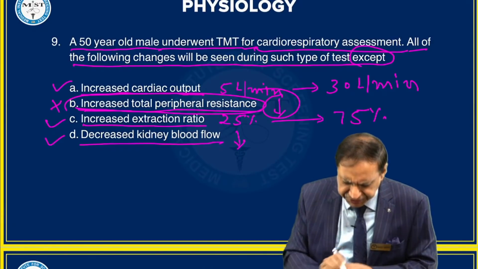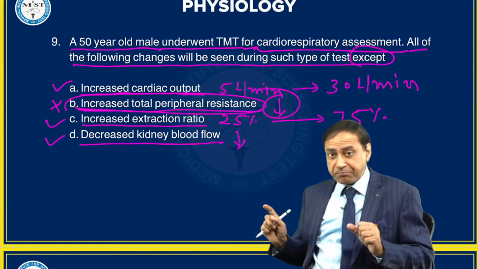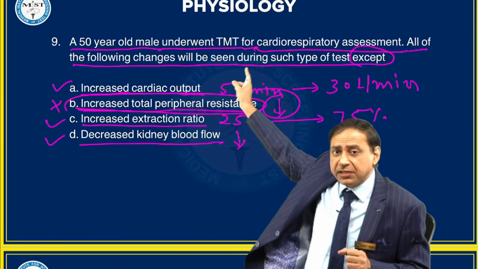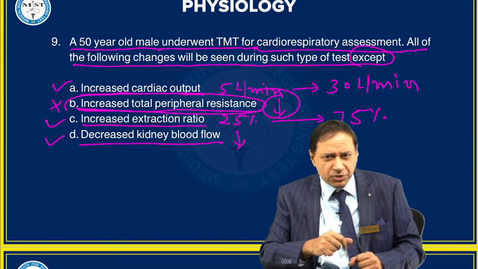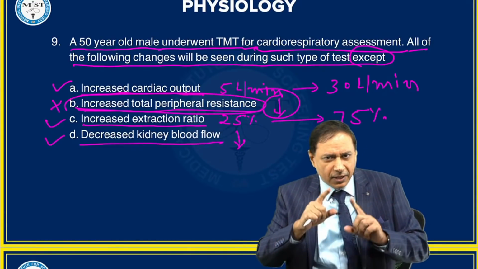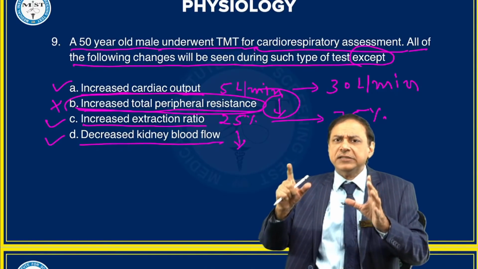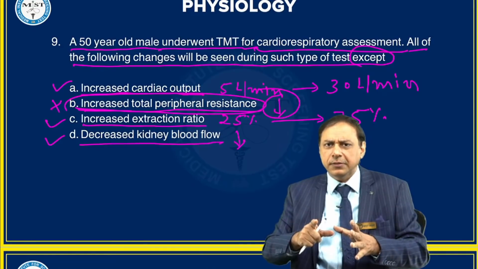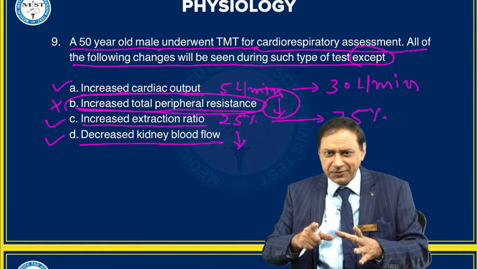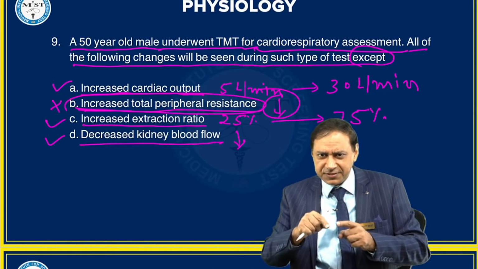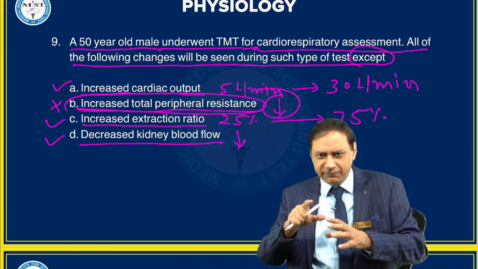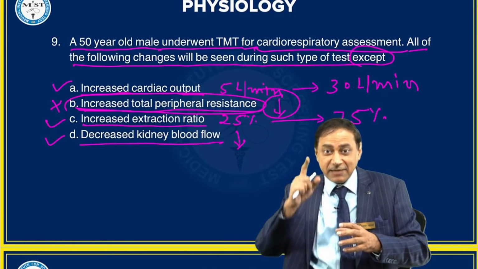Moreover, during such type of exercise, there will be sympathetic stimulation. How will that stimulation benefit you? It will do vasoconstriction throughout the body: intestine, kidney, everywhere, except brain and heart.